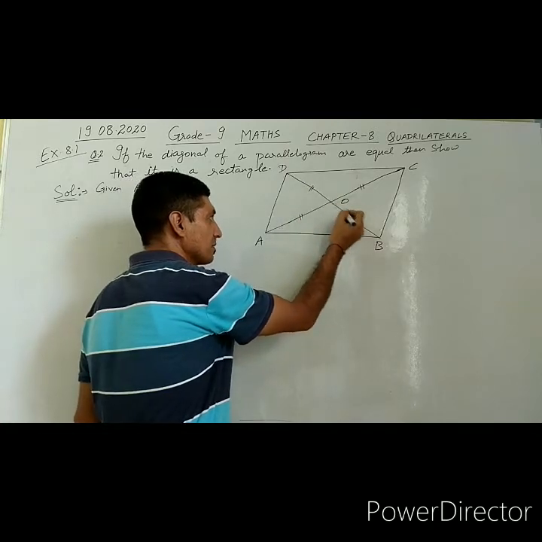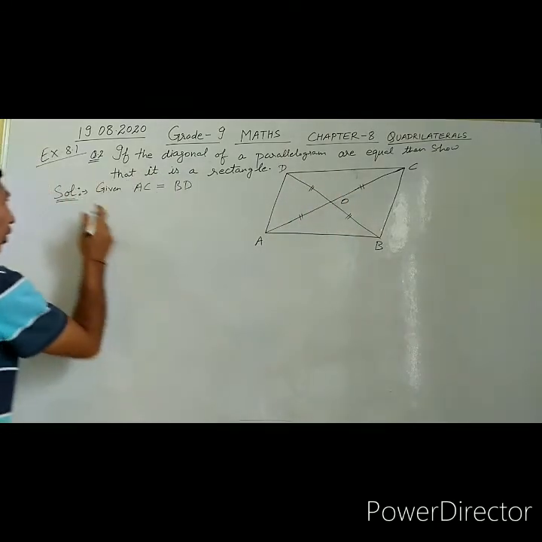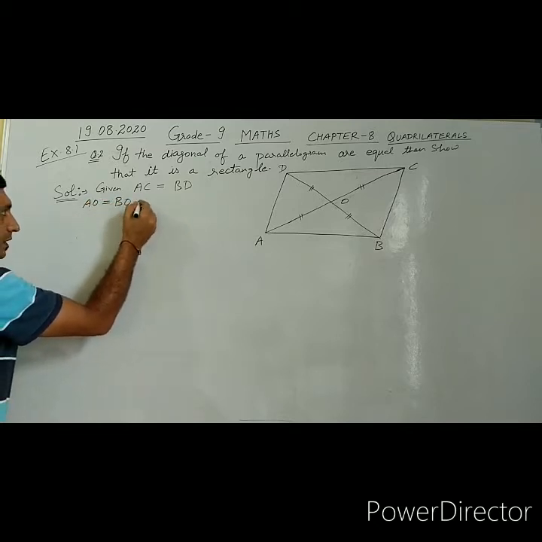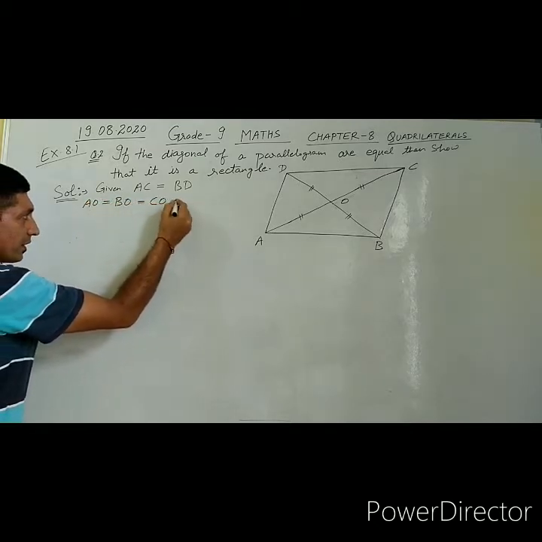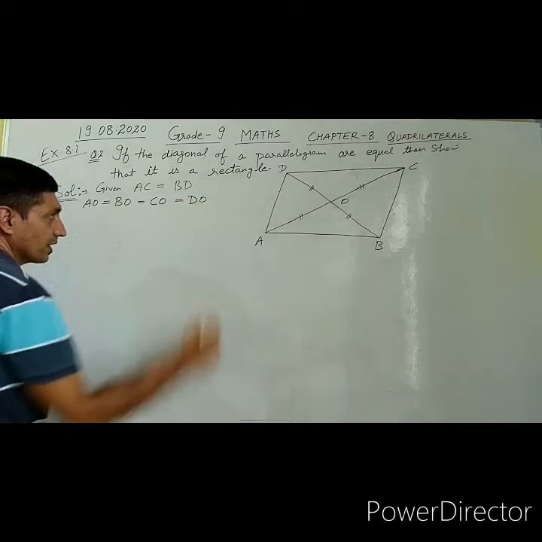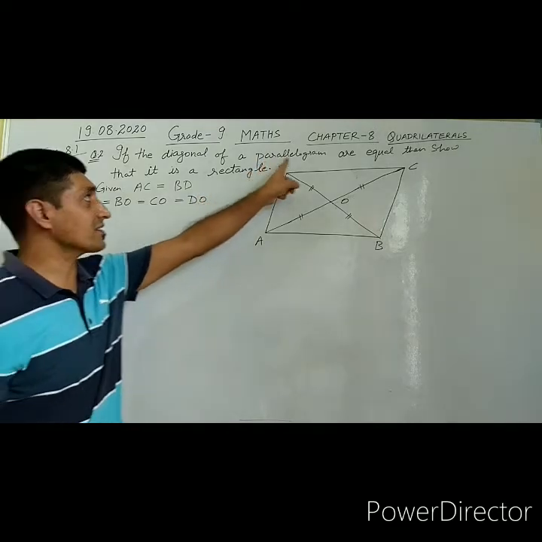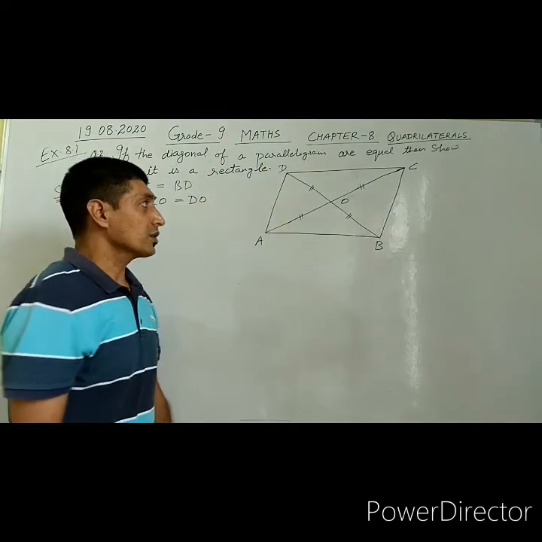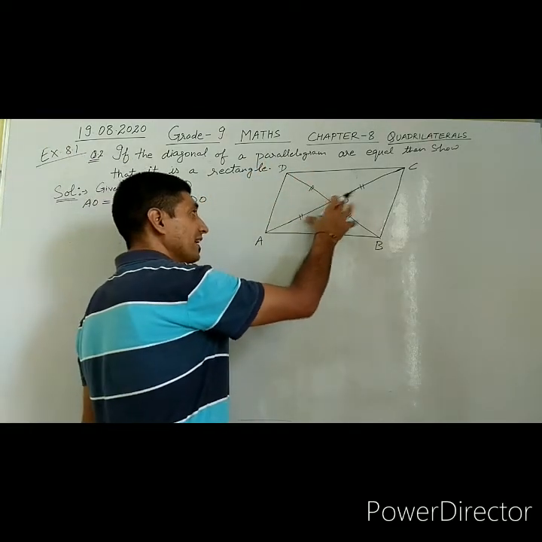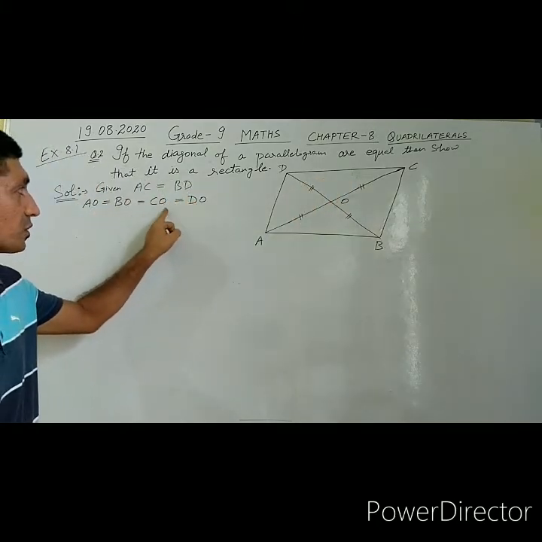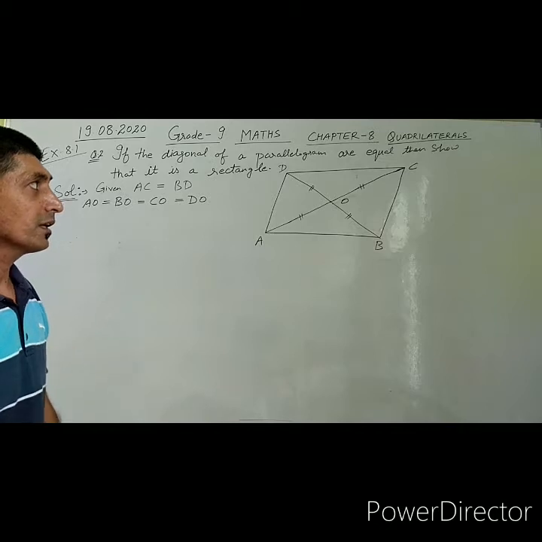Therefore their halves must be equal. This implies that AO is equal to BO is equal to CO is equal to DO. All of them are equal.